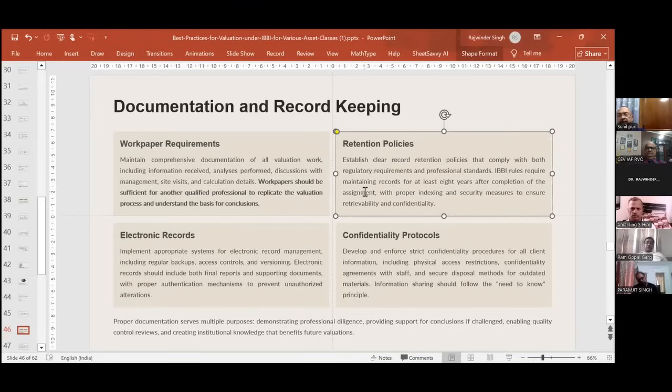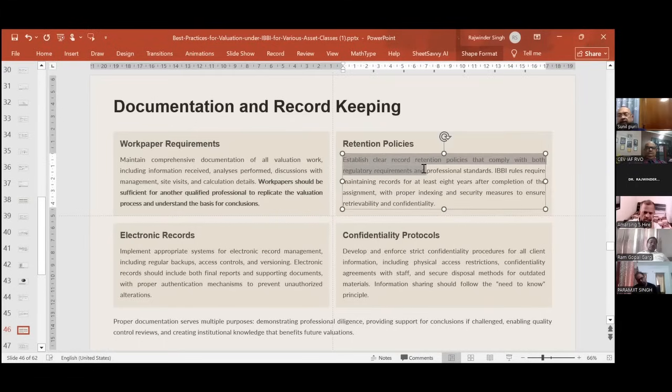Then the important thing is retention policies. Establish clear record retention policies that comply with both regulatory requirements and professional standards.